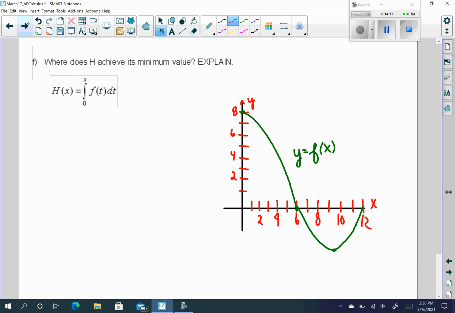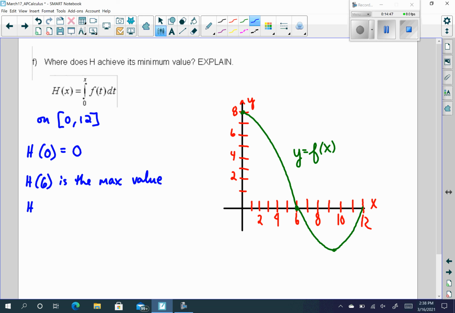All right, one more question. Where does h achieve its minimum value? Explain. Well, we're on a closed interval from 0 to 12. So let's take a look at our points. Let's go back to h of 0. That was question A. We said that was 0, right? We know h of 6 is the max value.